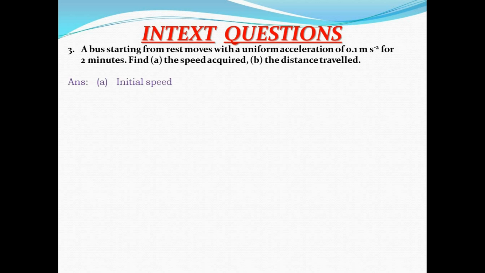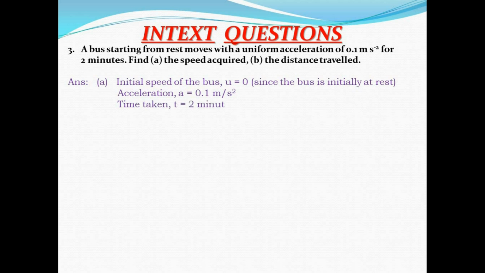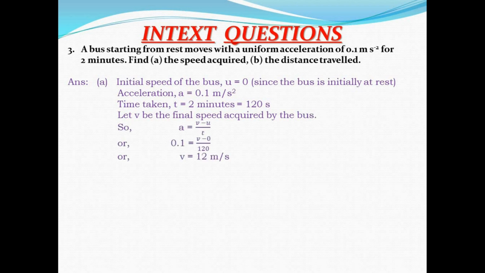Here, given the initial speed of the bus u equals to 0, since the bus is initially at rest. Acceleration a equals to 0.1 meter per second square and time taken t equals to 2 minutes, which is equal to 120 second. Let small v be the final speed acquired by the bus.